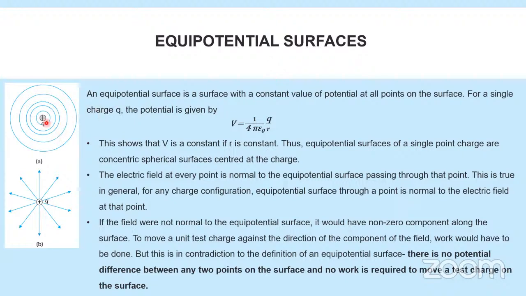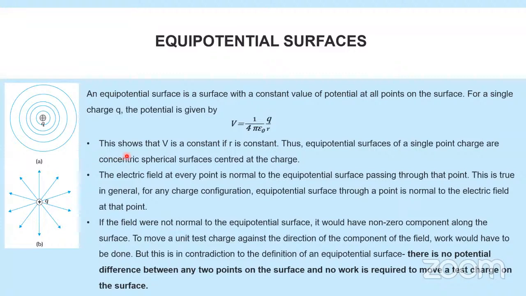Suppose you are considering a single charge Q. We had seen even in the previous content that the potential is given by 1 upon 4 pi epsilon 0 Q by R. So the potential due to the single charge Q varies as the inverse of the distance between the point where we are calculating the potential and the charge. This R is going to differ for all the surfaces, and in that way you can get the potential value for each of these equipotential surfaces.